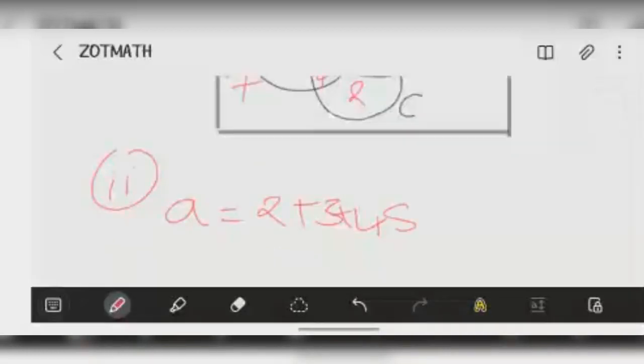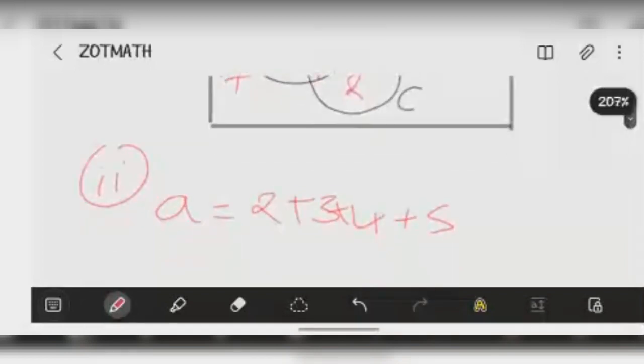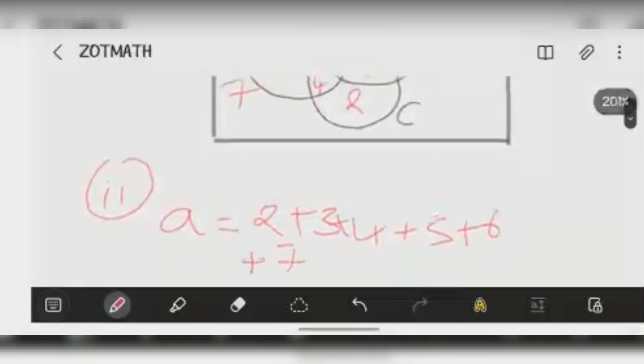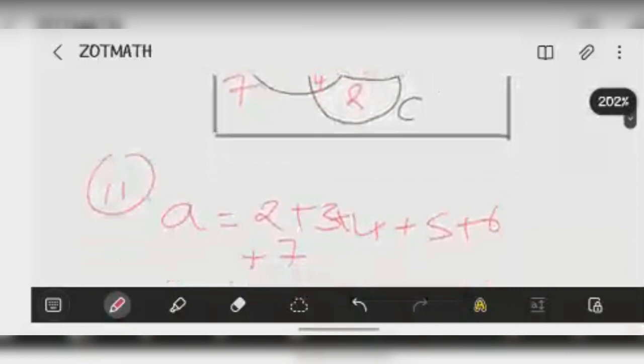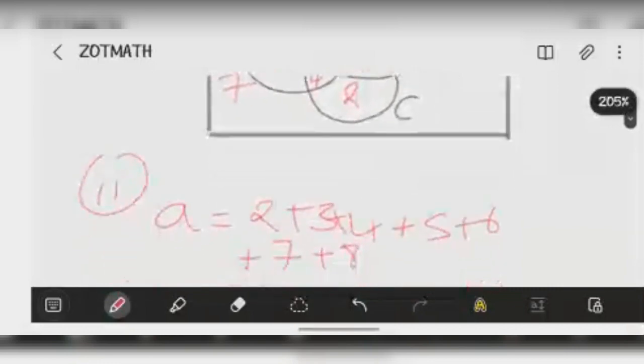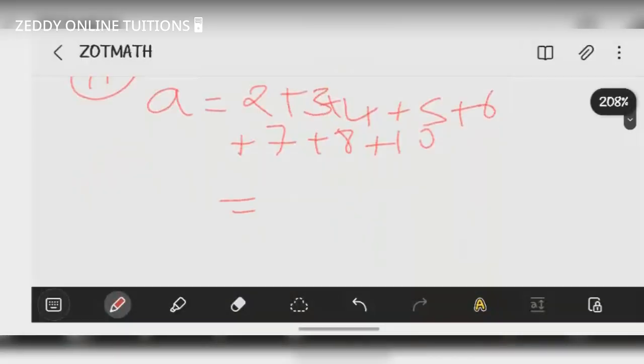Yes, we have. Okay, plus 5. Do we have a 6? Yes, plus 6. Do we have 7? Yes, plus 7. Do you have an 8? Yes, plus 8. Do you have a 9? No. Do you have a 10? Yes, plus 10. So if you add up all these things, what are you getting?